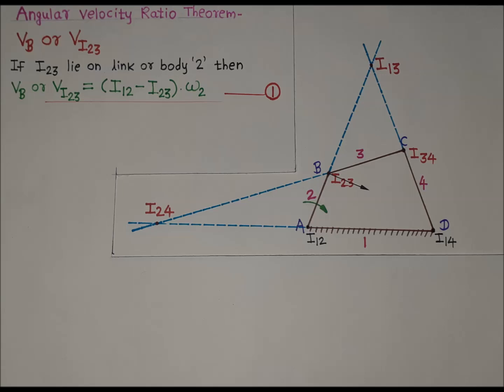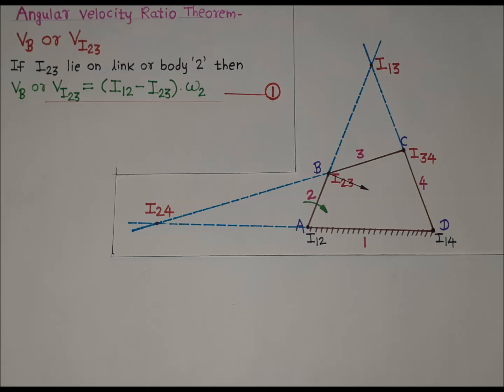As I23 is lying on link 2 or body 2, and link 2 is having pure rotational motion about ICR I12 at this instant, therefore VB or VI23 will be equal to I12 I23 into omega 2, where omega 2 is instantaneous angular velocity of link 2.